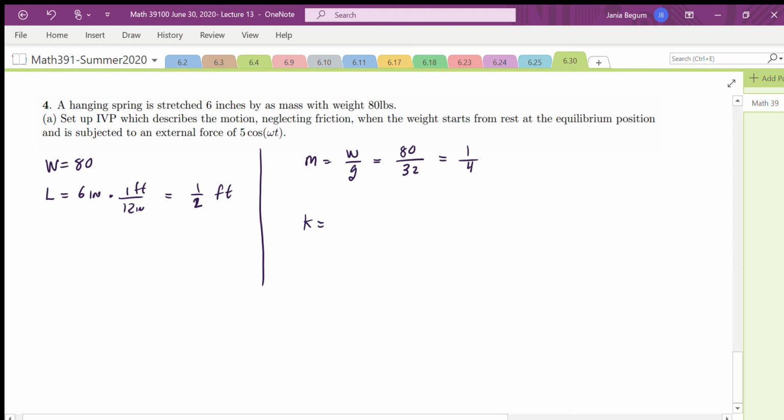Oh yes, it's W over L. That's what I was going to write. Thank you. So that gives us the weight, 80, over L, that's 1/2. So 80 over 32 is 5 over 2.